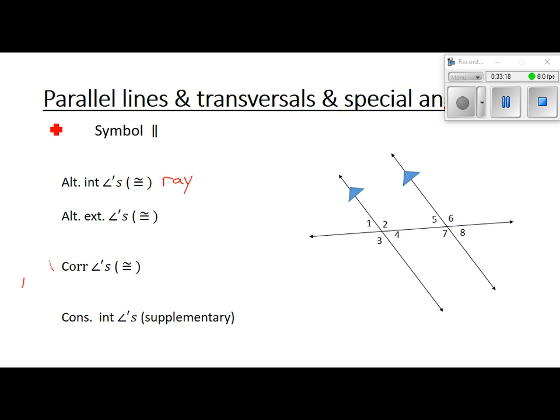Parallel lines, a symbol for parallel lines, just that. If we're on a graph, the symbol looks like that. And I just wrote these down real quick, different pairs of special angles that we have when we have parallel lines: alternate interior angles, alternate exterior angles, corresponding angles, and consecutive interior angles.